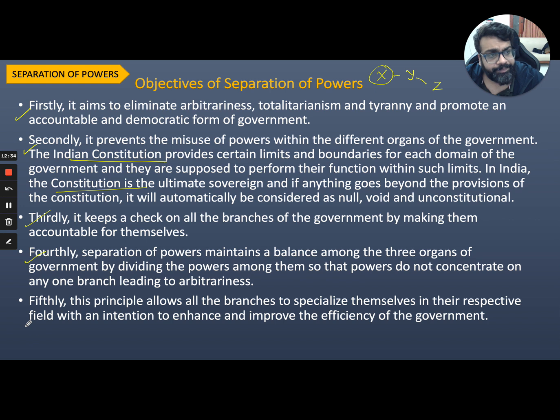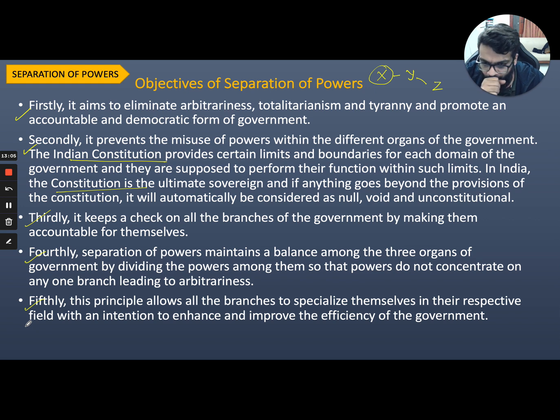And fourthly, the separation of powers maintains a balance amongst the three organs of government by ensuring that no branch of government gets too much power to begin with, and the power, as much as possible, is equitably distributed. And fifthly, if the legislature's primary job is to make laws, then over a period of time, when you do the same thing for a long period, you are undoubtedly expected to get better at it.